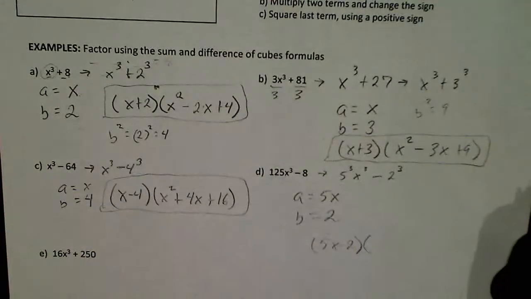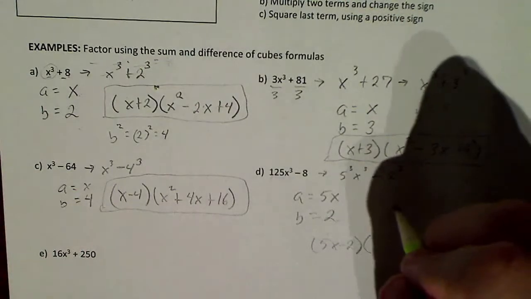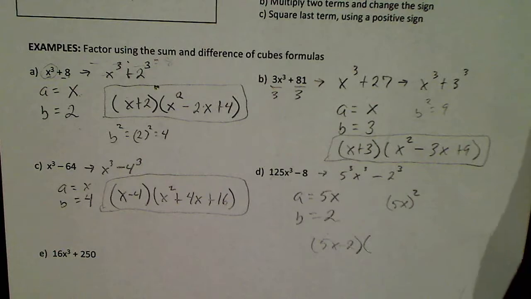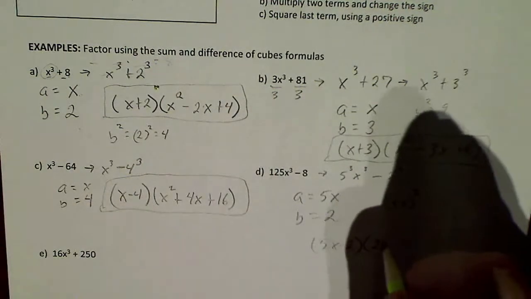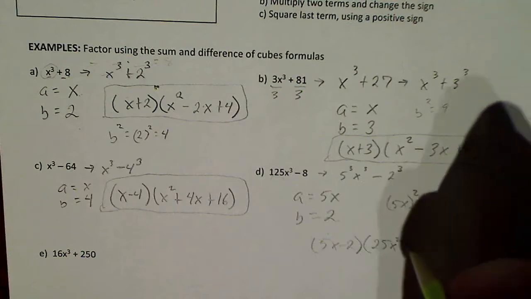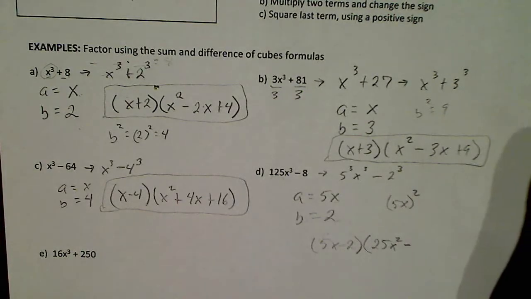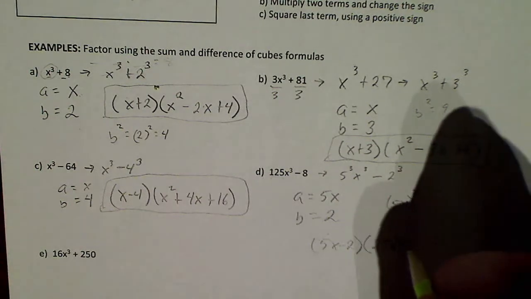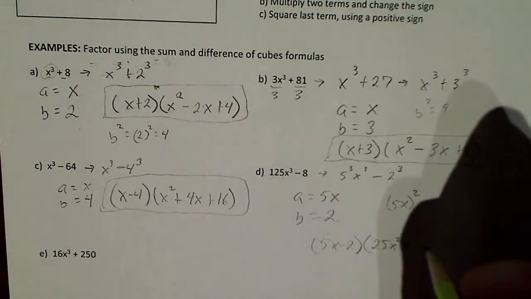Okay. A squared, this is where it gets a little tricky. So 5x squared, which becomes 25x squared, minus, plus a times b.